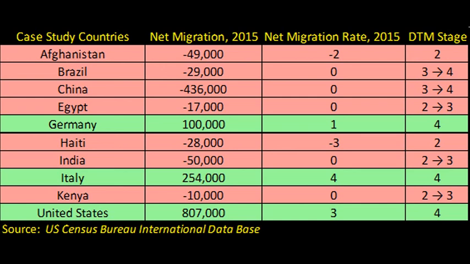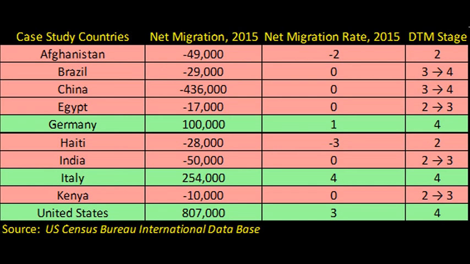But nonetheless, we can see some patterns here. Where do we see net migrations that are the most negative? Well, we see them in those stage 2 countries. Where do you see it the most positive? In the stage 4 countries. Of course, transitions are occurring, where we see a lot of zeros in the net migration rate for 2015, and that's because those are places that once again are stage 3 transitioning to stage 4. Sometimes they're going to be the destination for migrants.